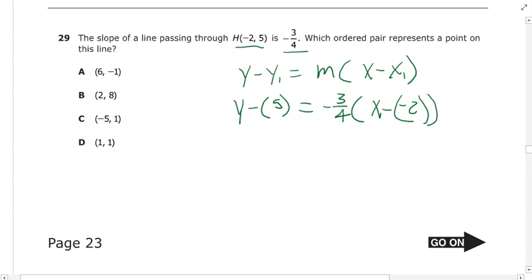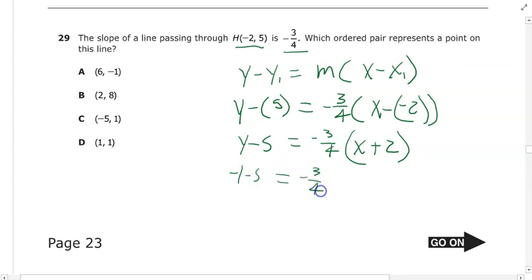And now I could check to see which one of these other points is a solution to this. So let's try. I'll go ahead and simplify. Y minus 5 equals -3/4 x plus 2 on there. All right, so let's plug in and see what we get. This first one, A, -1 minus 5 equals -3/4, 6 plus 2.